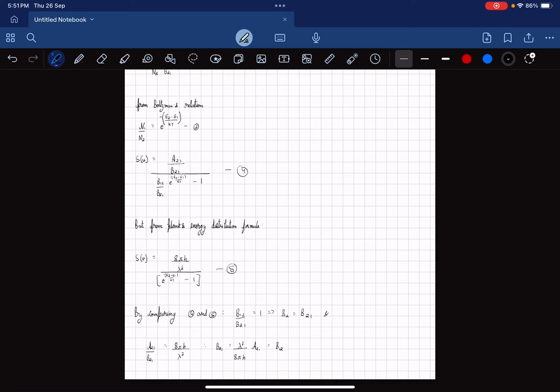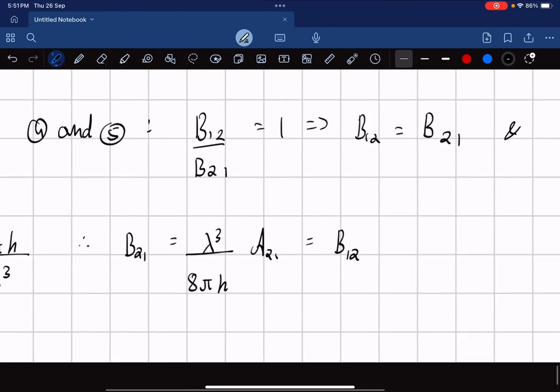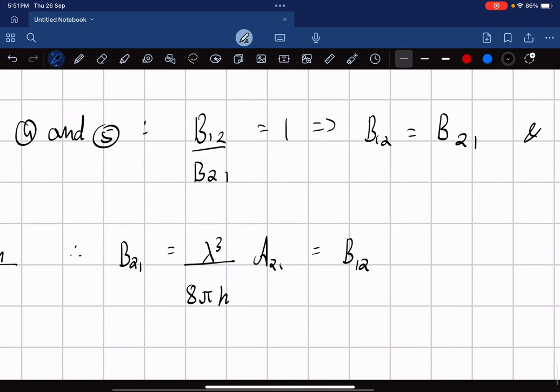And yeah, that's it. That's our relation. This here is the relation between Einstein coefficients.